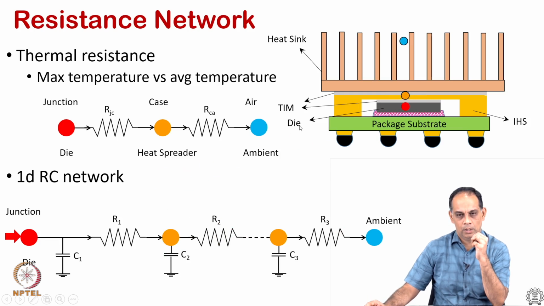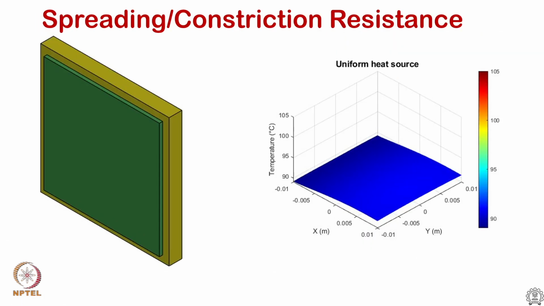Moving forward, what is the spreading resistance? We will just look at one example of how heat source size affects the temperature. This is an example where this greenish part is your heat source, and this green is the substrate over which the heat source is mounted, and airflow happens very slowly, about 2 meters per second, across this.